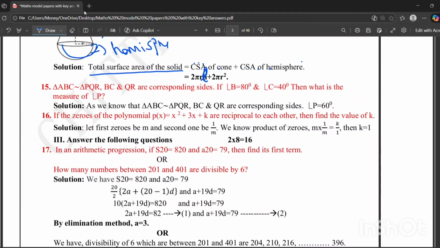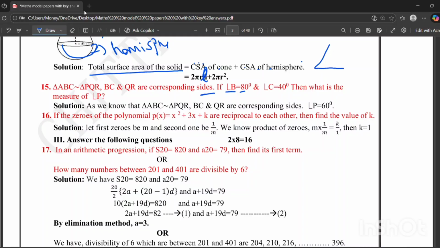Next, 15th question. A triangle ABC is similar to triangle PQR. BC and QR are corresponding sides. If angle B equals 80 degree and angle C equals 40 degree, then what is the measure of angle P?